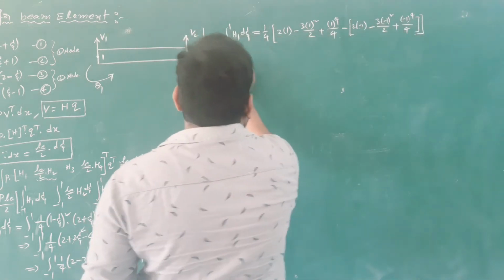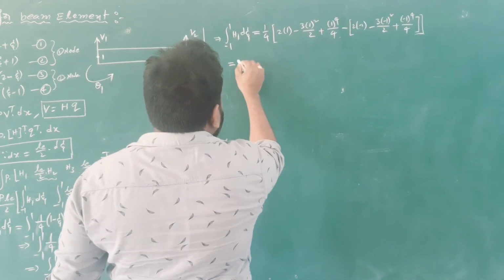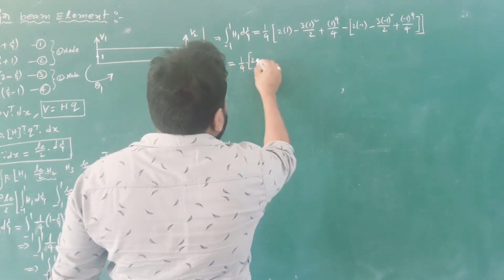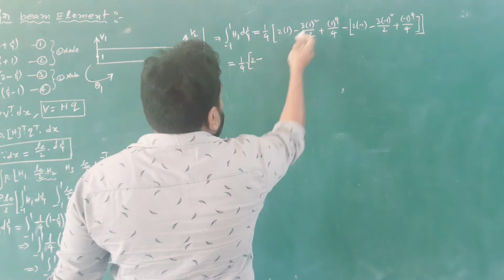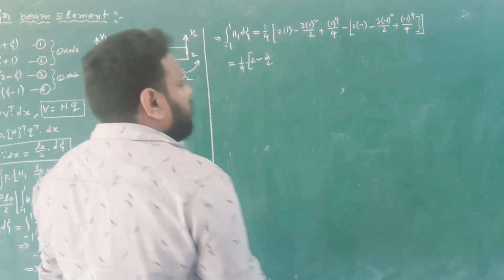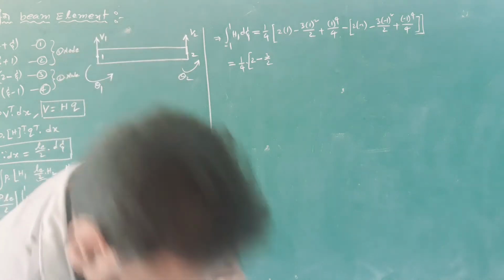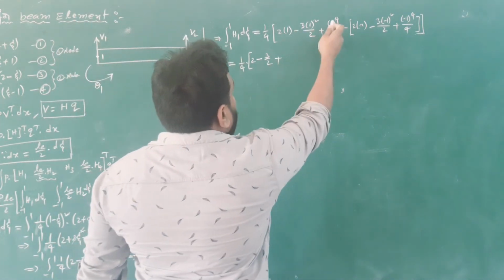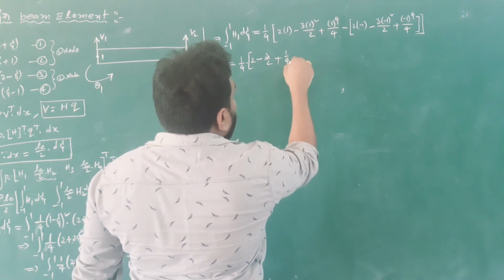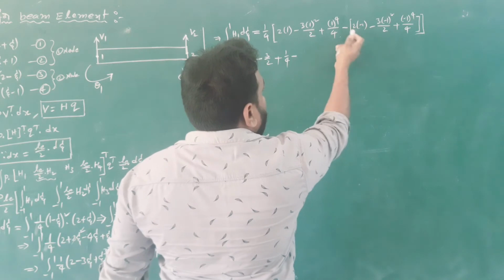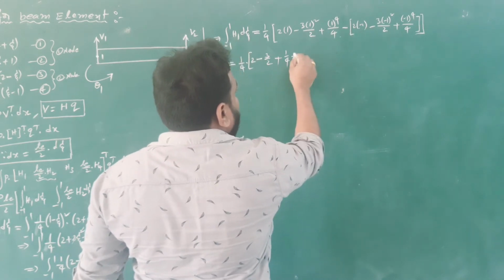Now multiply each one, that is 1 by 4 into, so 2 into here only 2 minus here 3 by 2, that is 1 square is 1, that is we got 3 by 2. Next plus here 1 by 4 minus 2 into minus 1 minus 2 into minus 2, that is plus 2.